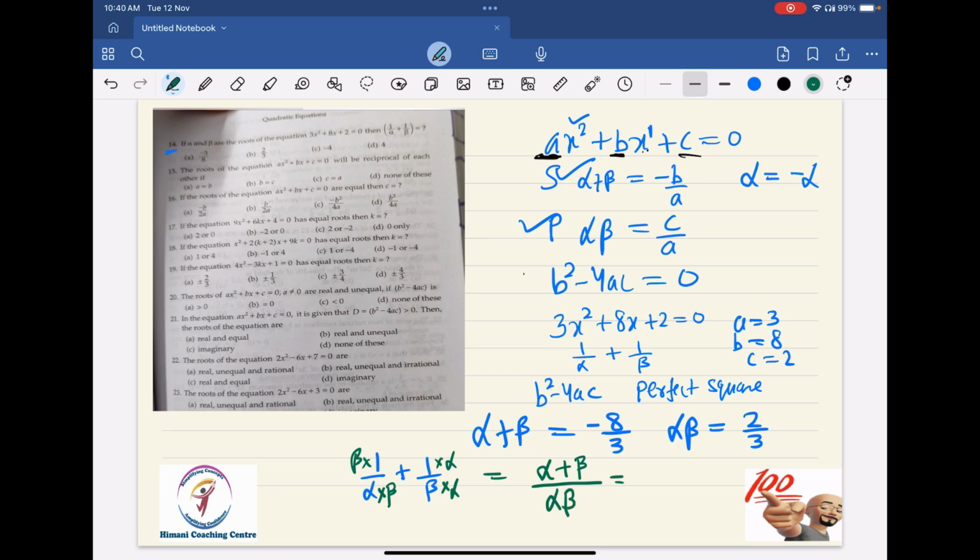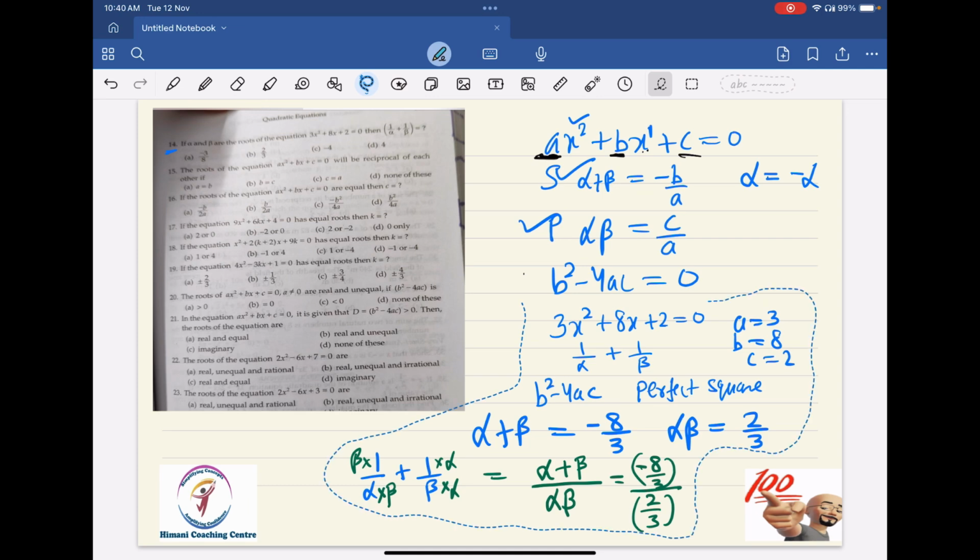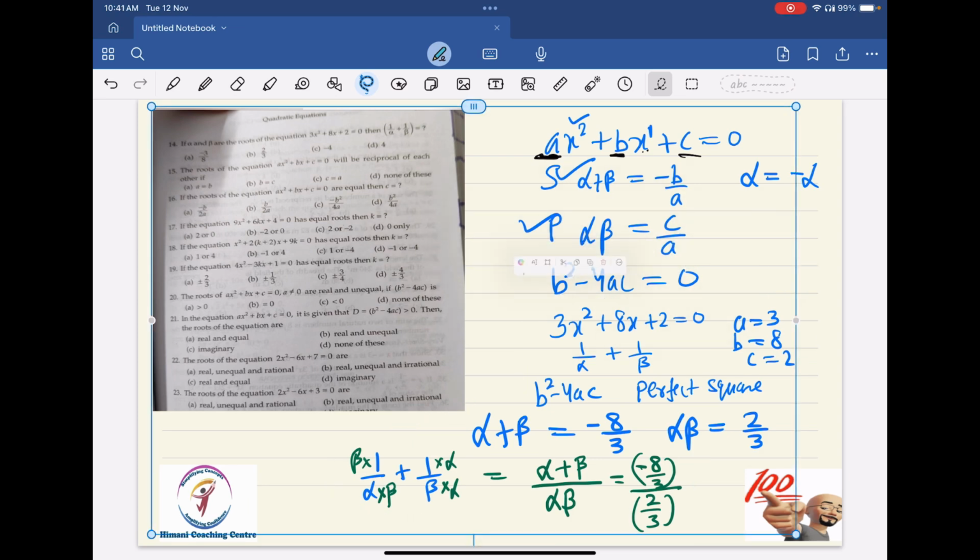Now what is alpha beta? Alpha plus beta is minus 8 by 3 divided by 2 by 3. Okay, remember, this is a fraction and division is to be done properly because most of the students make mistakes in this step. Okay, so what we need to do, just give me a second.